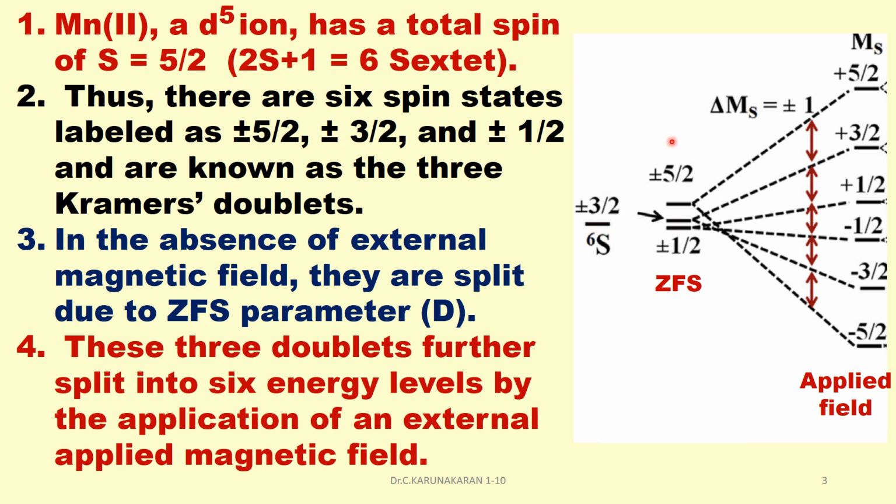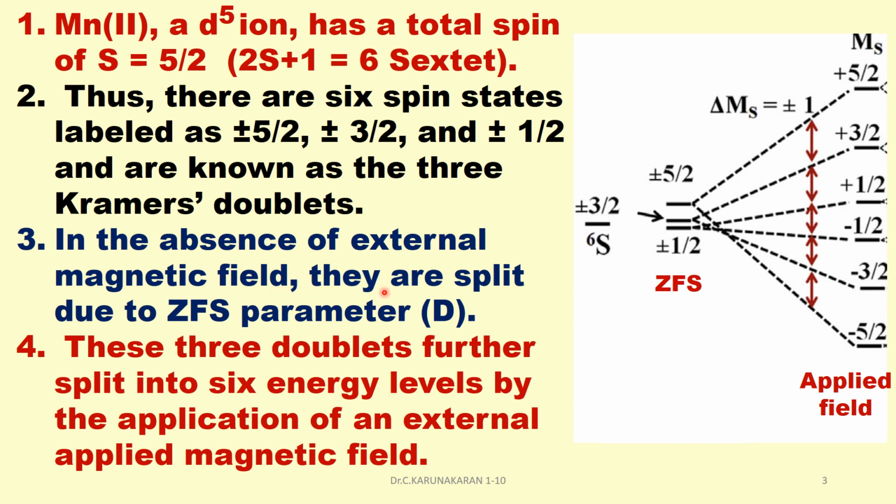In the presence of zero field splitting in manganese ion, it splits into 3 levels, 3 Kramers doublet states, in the absence of a magnetic field.